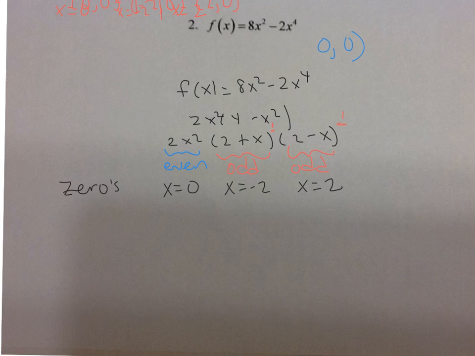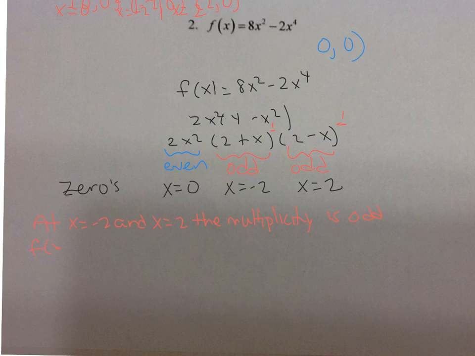Now I have to write this up. Now notice I have two different multiplicities. I have an even and I have two odds. So I'm going to write the odd one first. So at x equals -2 and x equals 2, the multiplicity is odd.